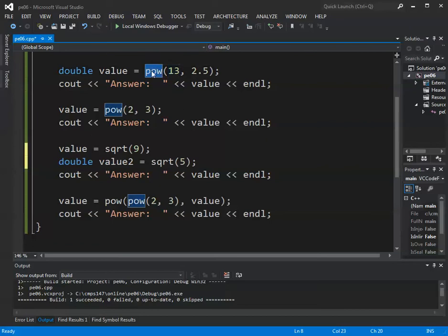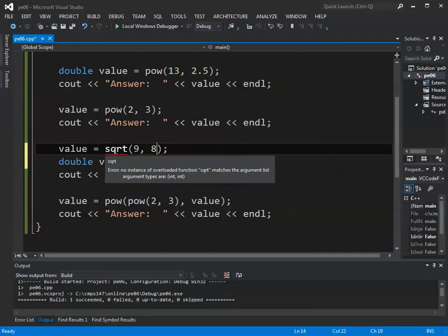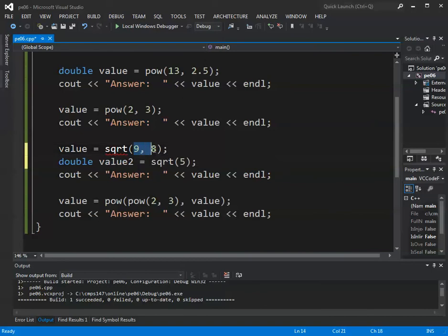There are many functions that accept dozens of parameters. Right? So there's no limit on the number of parameters that we actually use, but it's going to depend on which function we want to call. It will be illegal to call square root with multiple parameters because square root does not accept that. Square root's not defined to do that. And we'll learn later on in a few modules how to define our own functions and how these functions are defined.